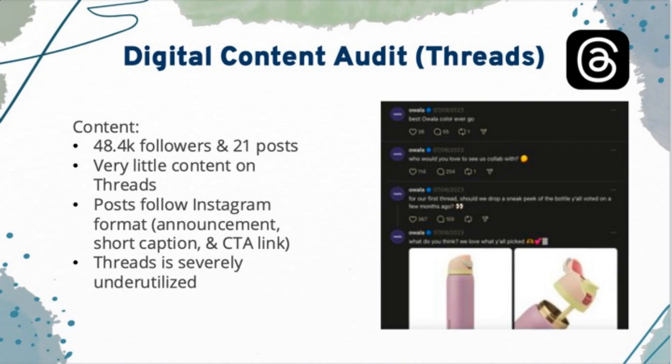Okay, short announcements, brief captions, and calls to action. So, based on these observations, the students described Threads as underutilized. Whether Owala should invest more heavily in Threads is a strategic question that requires maybe additional research. But the audit here has already identified something worth investigating. That is the reason we have social media audits.